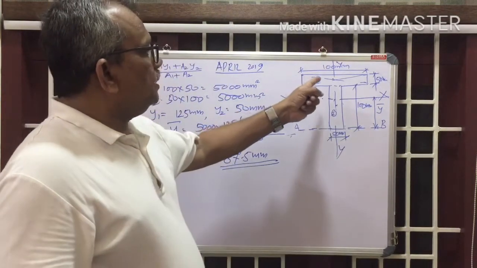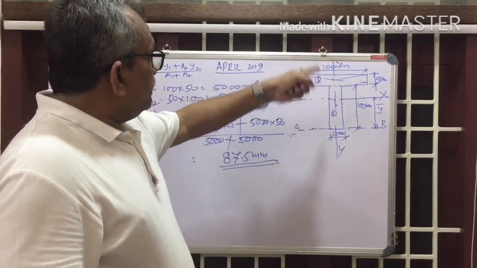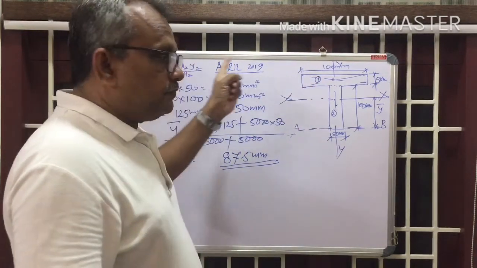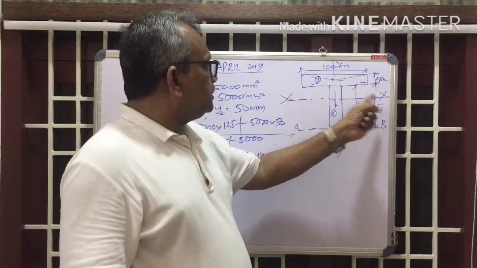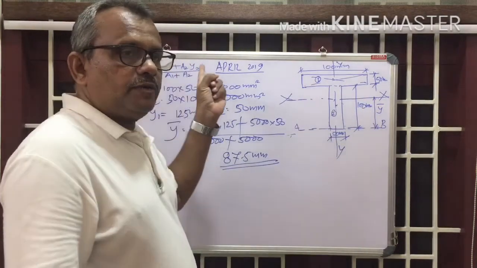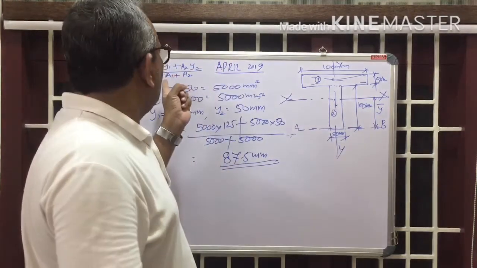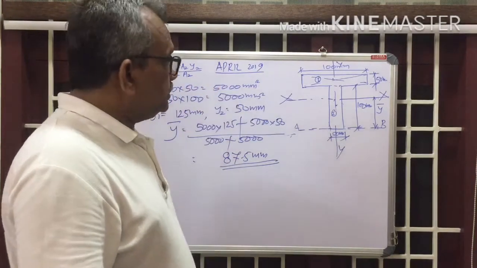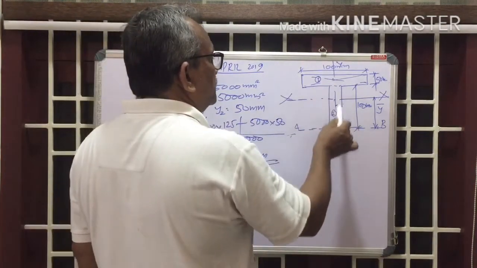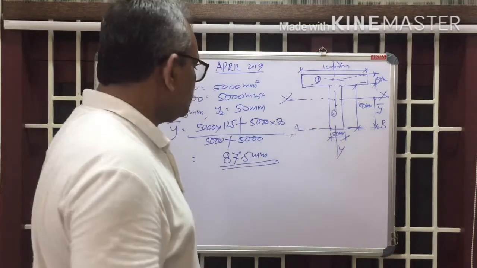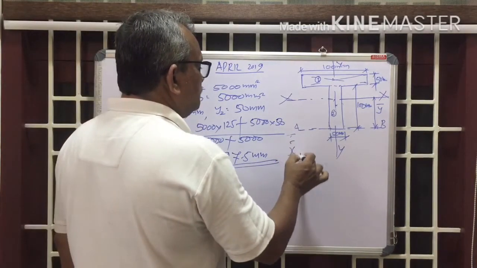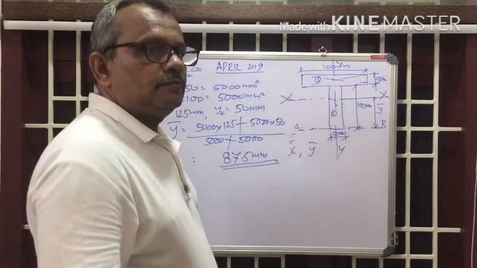If it is symmetrical about the YY axis, take Y bar. If the section is symmetrical about the XX axis, then take X bar. X bar is equal to A1 X1 plus A2 X2 divided by A1 plus A2. If it is unsymmetrical about both XX and YY, find out both X bar and Y bar.